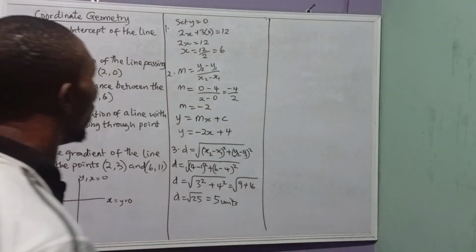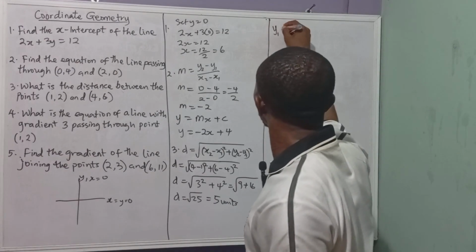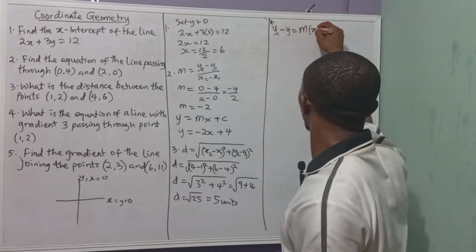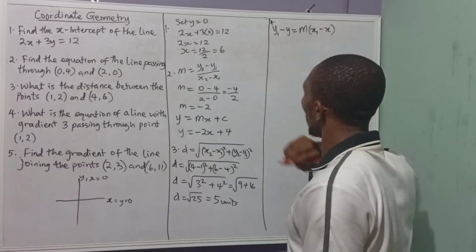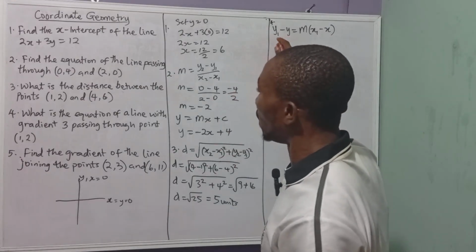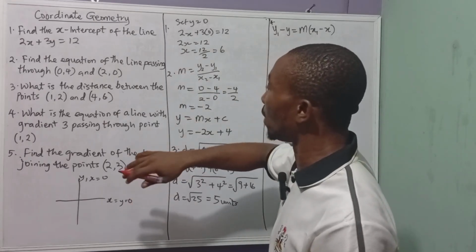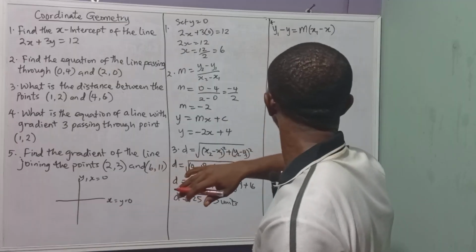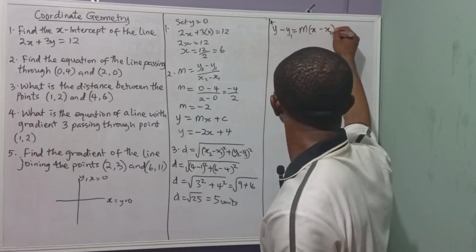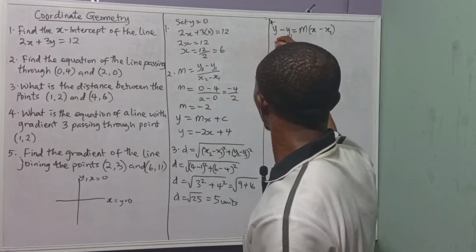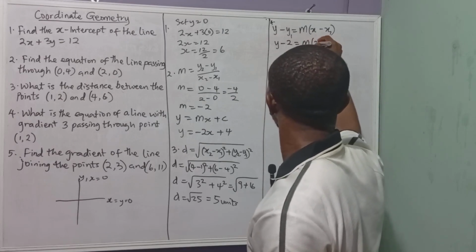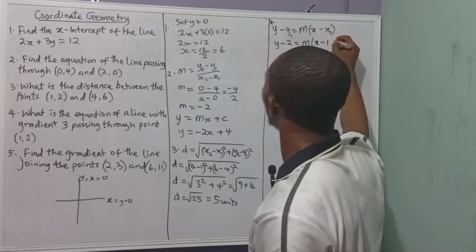Our equation of a line here, y minus y1 equals m bracket x minus x1. So this becomes y minus 2 equals m bracket x minus 1.